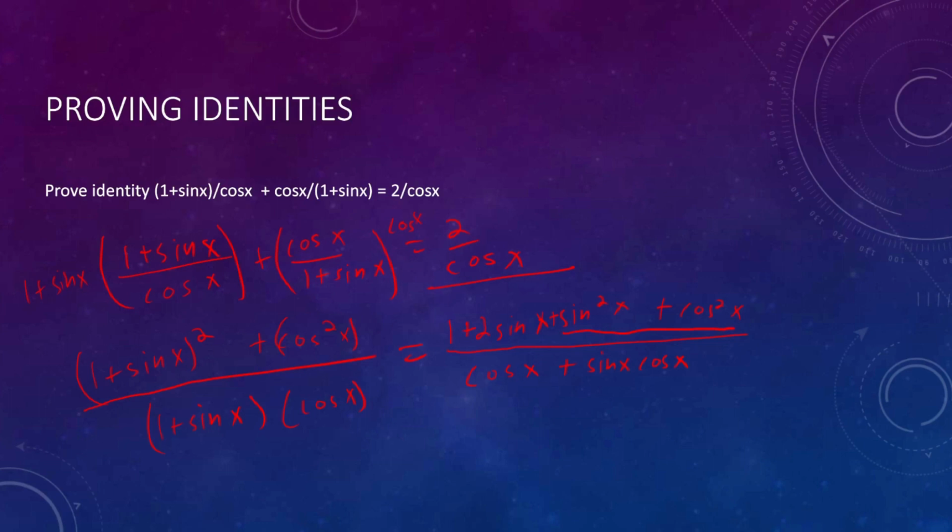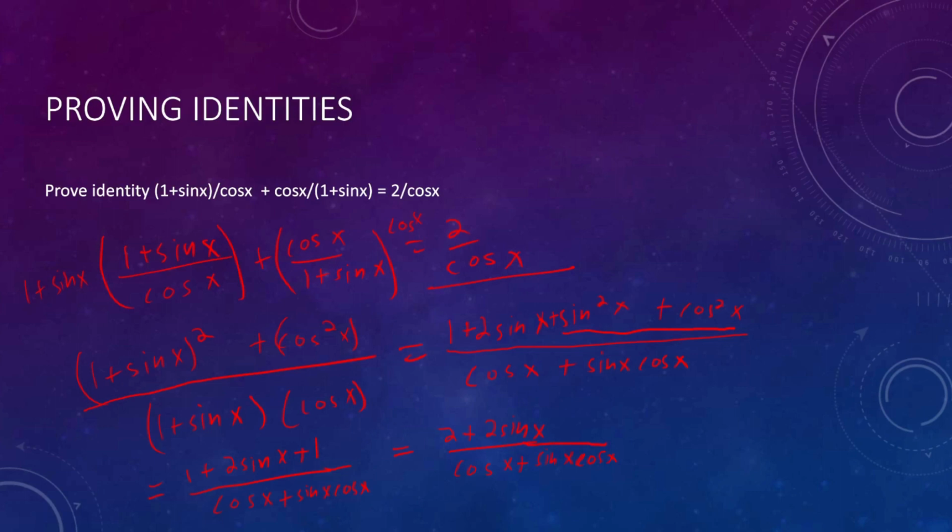So let's try and apply that. So 1 plus 2 sine of x plus 1 over cos of x plus sine of x cos x. Now we can rewrite this as 2 plus 2 sine of x over cos x plus sine x cos x.